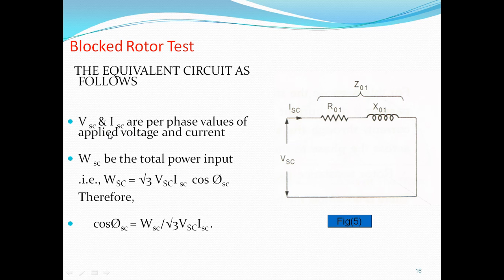VSC and ISC are per phase values of applied voltage and current. WSC is the total power input, that is root 3 VSC ISC cos phi SC. Therefore cos phi SC is equal to WSC by root 3 VSC into ISC.